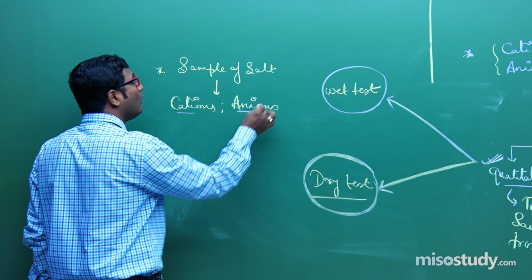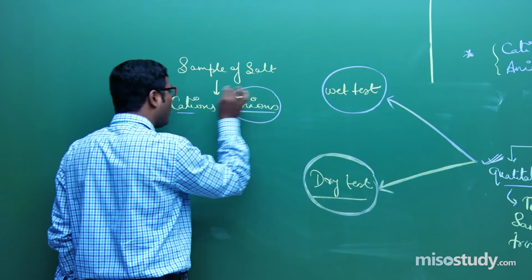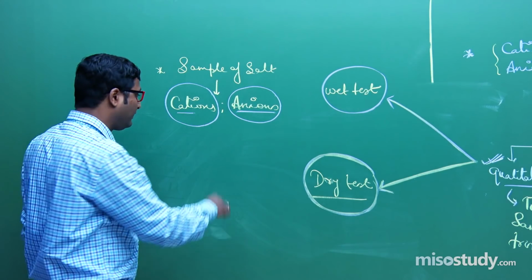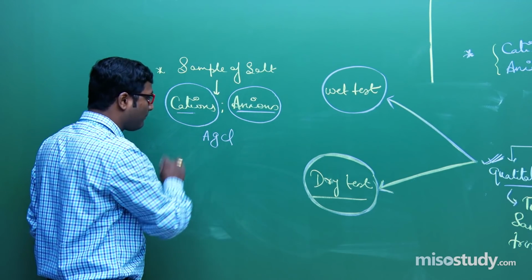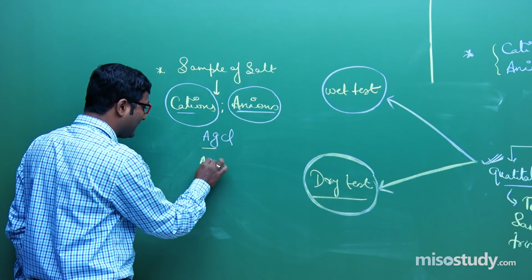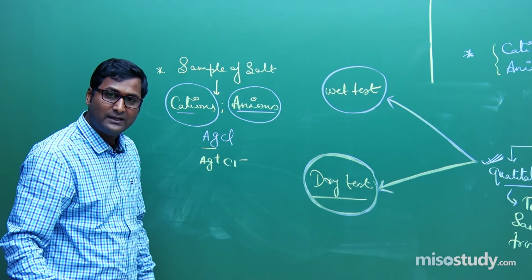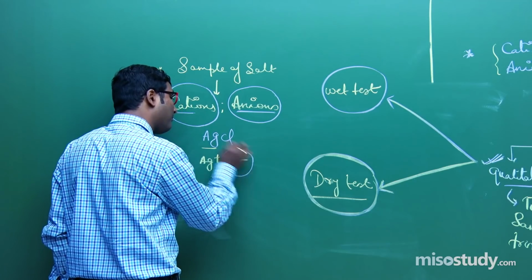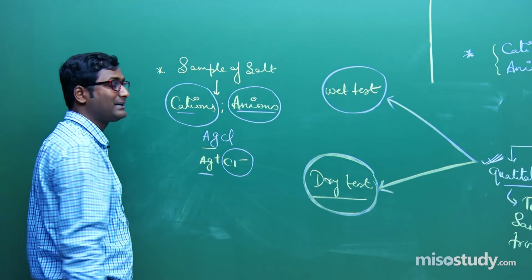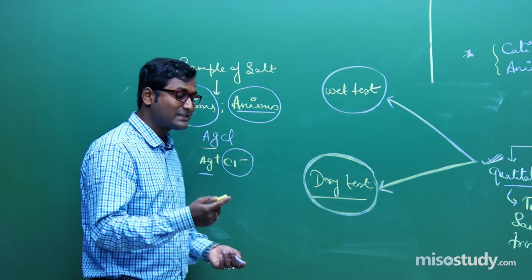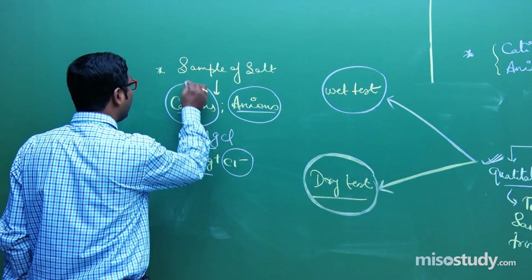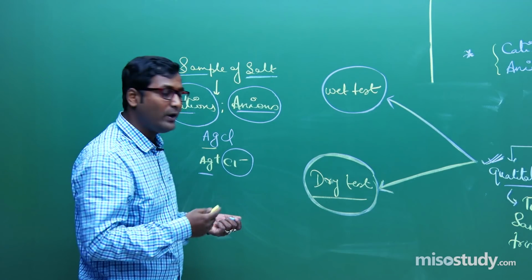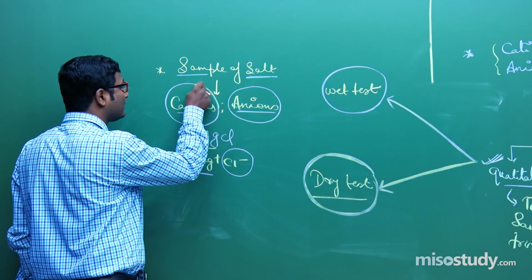Whether we need to detect cations first or start from anions. Tell me. If I talk about AgCl, it will break into Ag+ and Cl- ions. So in each and every case, first of all we have to detect the anionic part, then we will move towards the cation. If you ask me, why, sir? Because there are some interfering anions which interfere in the detection of cations.